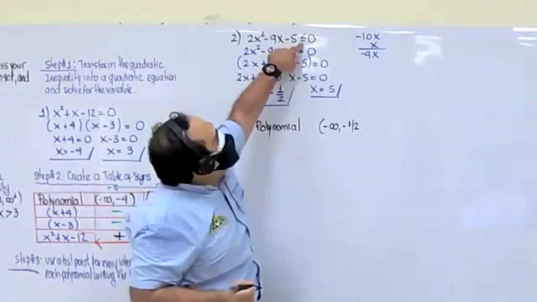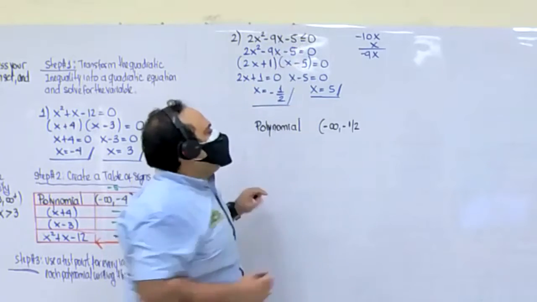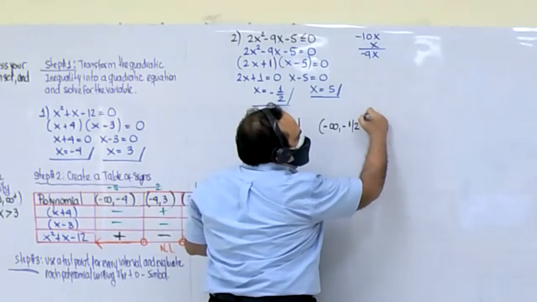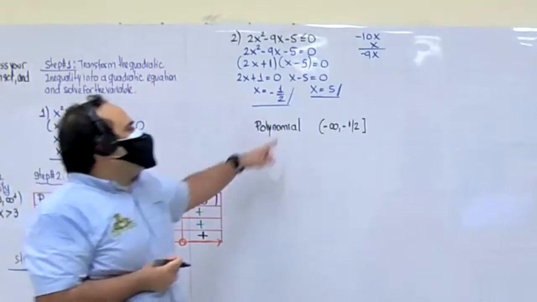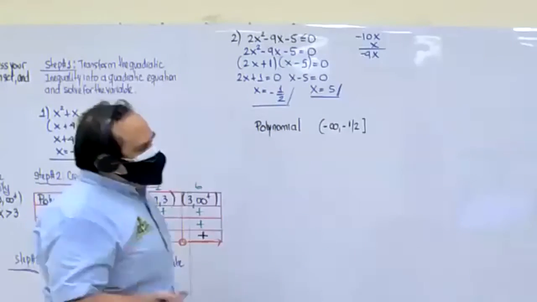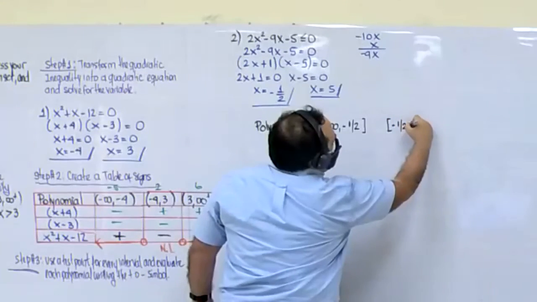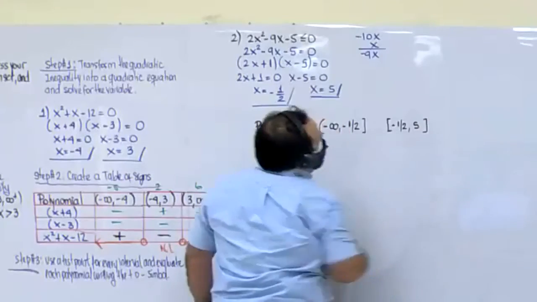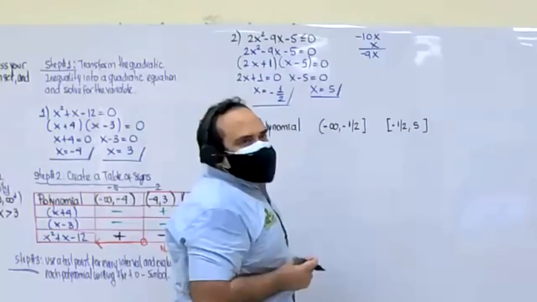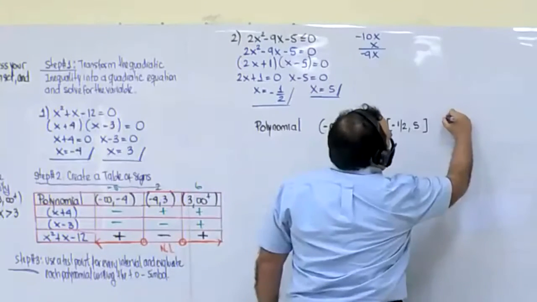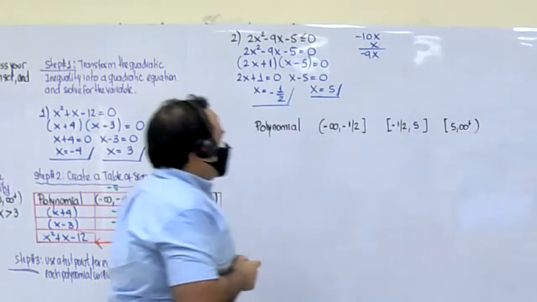But this time, because the inequality includes the equal sign, instead of writing the parentheses, I'm going to use the brackets, because negative 1/2 is the smaller one between negative 1/2 and 5. The second column obviously will be these two solution values, negative 1/2 and 5. Again, I'm using brackets because I'm including the equal sign. And finally, will be the bigger one until positive infinite.